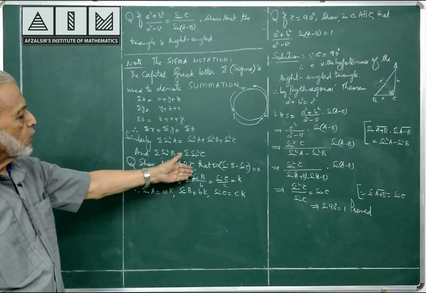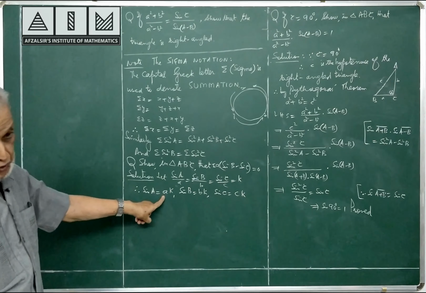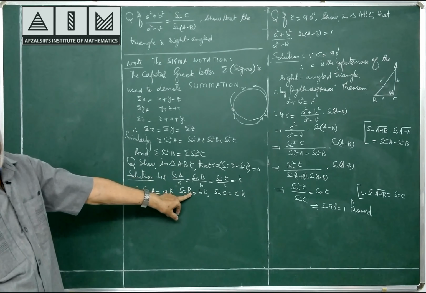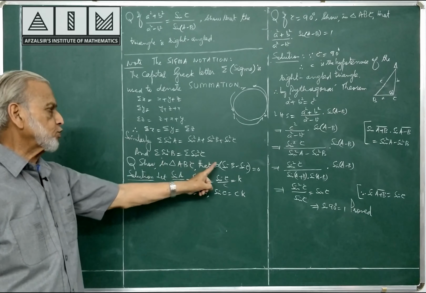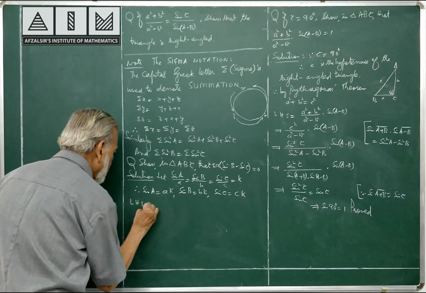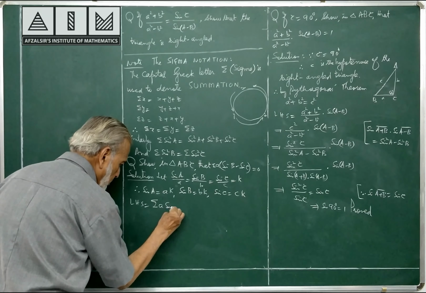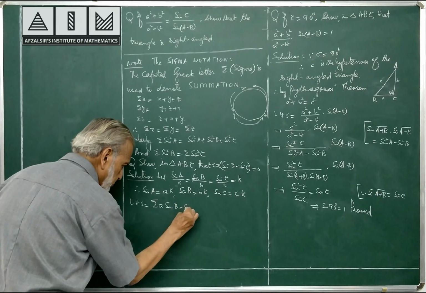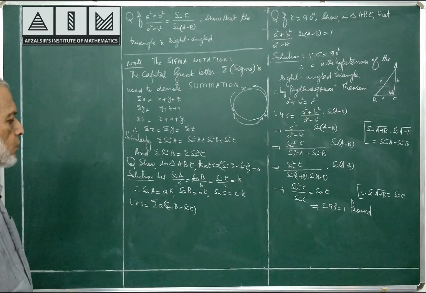This is what we have supposed. Sin A is AK, sin B is BK, sin C is CK. I am proceeding to solve this question now. Please see the left hand side. Sigma A sin B minus sin C. Proceed.